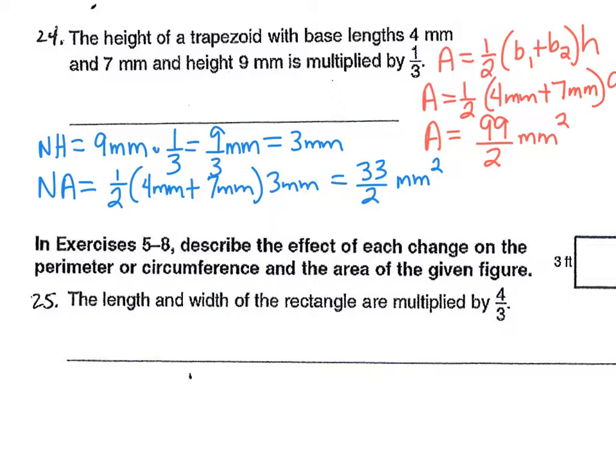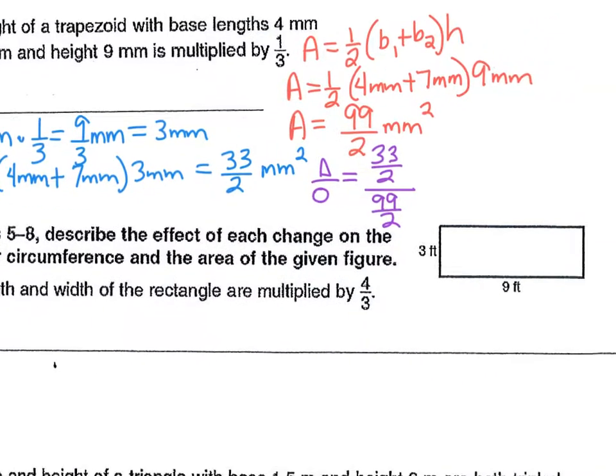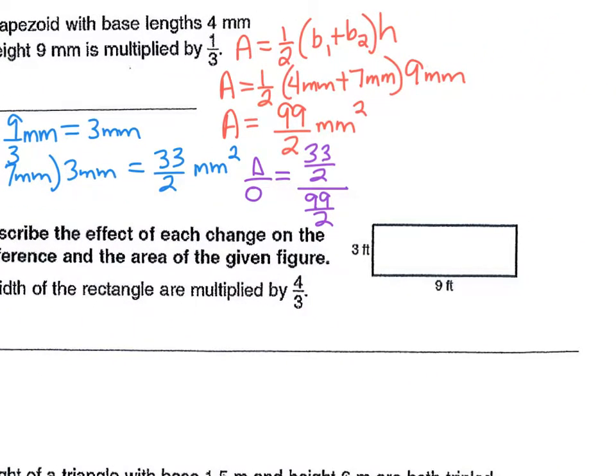Now, if you want to find out what is happening to the new area compared to the original area, we do change over the original. So the change was 33/2 divided by the original, which is 99/2. And when I use my basic skills on simplifying fractions, this is 33/2 times the reciprocal of the bottom fraction, which is 2 over 99.